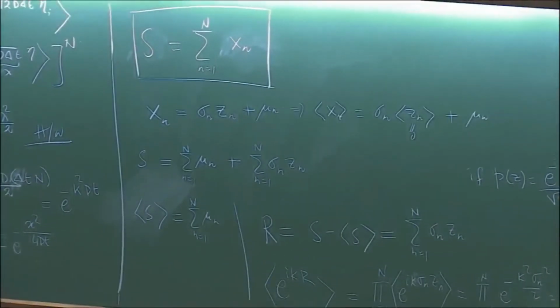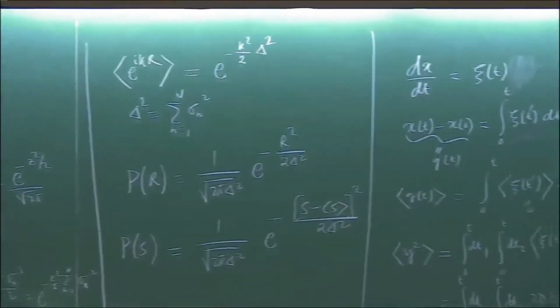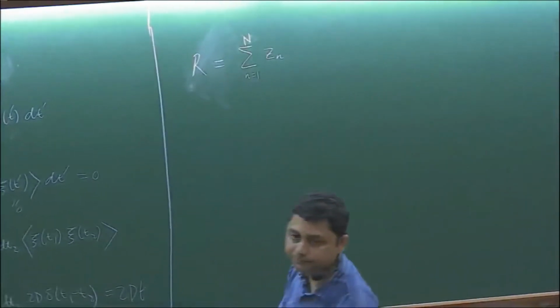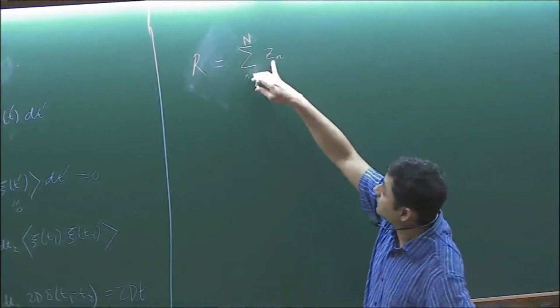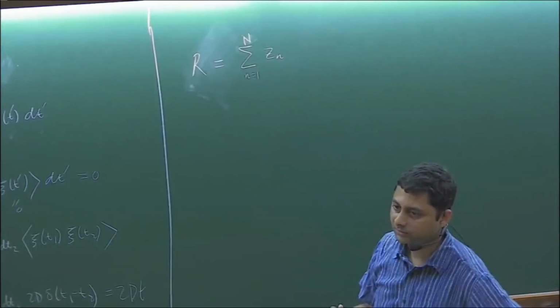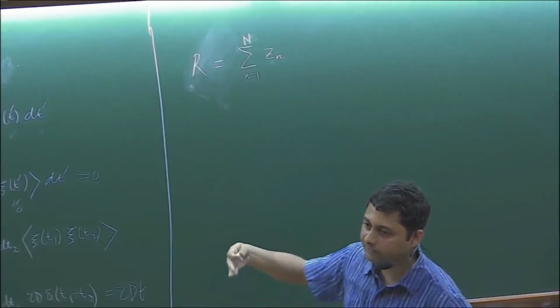So I have some sum, let me just call this sum R, which is some sum of random variables. This time, I'm not going to assume that this z is Gaussian, but the z's are drawn from some distribution.